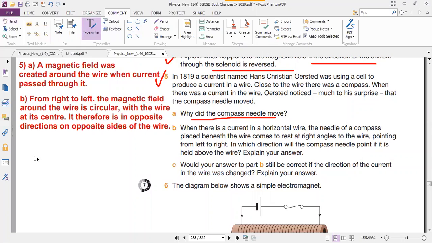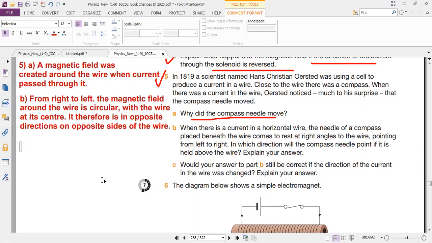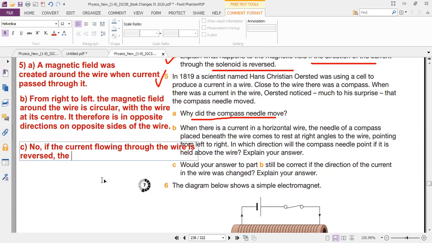So number C, I can write no. Current going through the wire is reversed, direction of the magnetic field around the wire.